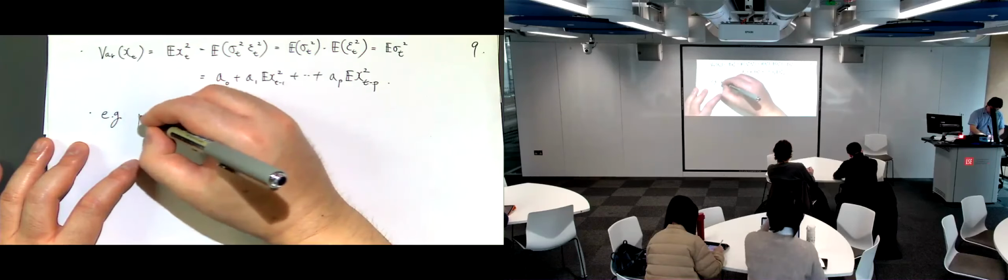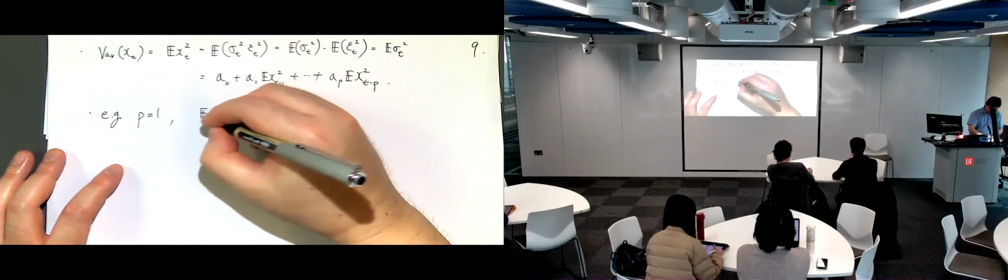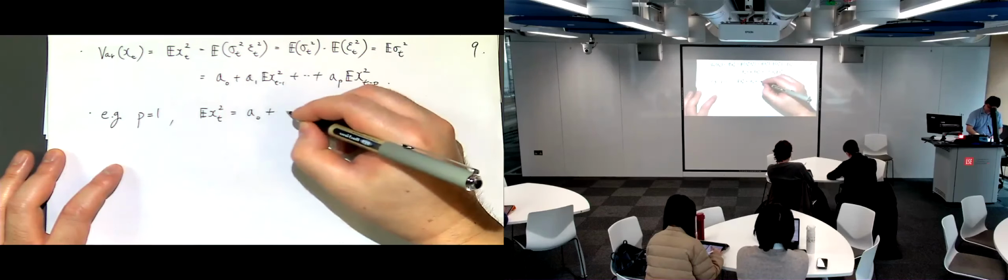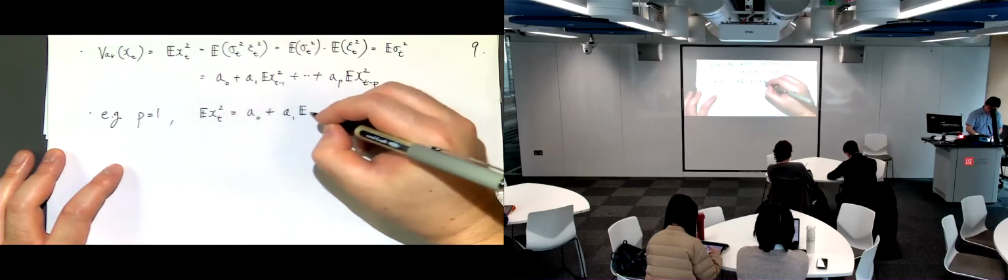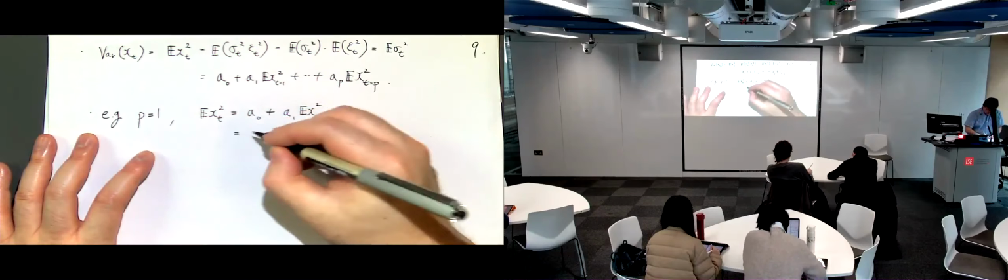So that's the formula, and for instance, if p equals 1, then what you have is expectation of xt squared equals a0 plus a1 times expectation of xt minus 1 squared. So this is a difference equation. You have encountered it in the last exercise. Okay, so you can try to solve it or try to expand it.